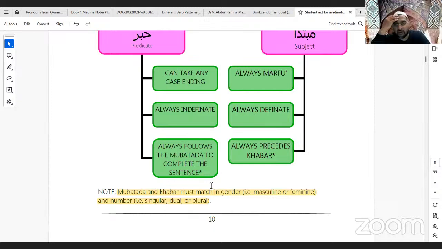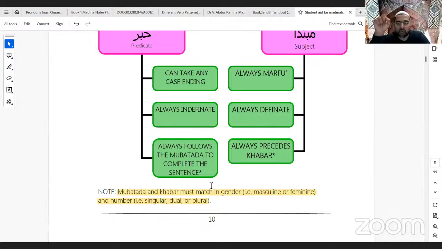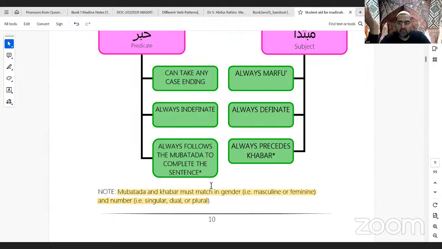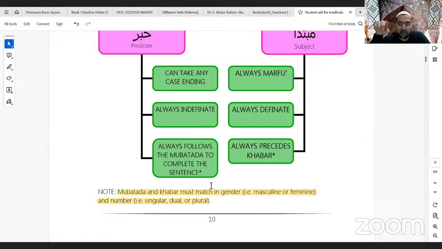Remember that? Yes, the sound feminine plurals. The sound feminine plurals end with an alif and a ta. So the word Muslim is singular. Muslimatun, and alimatun has a ta marbuta at the end.